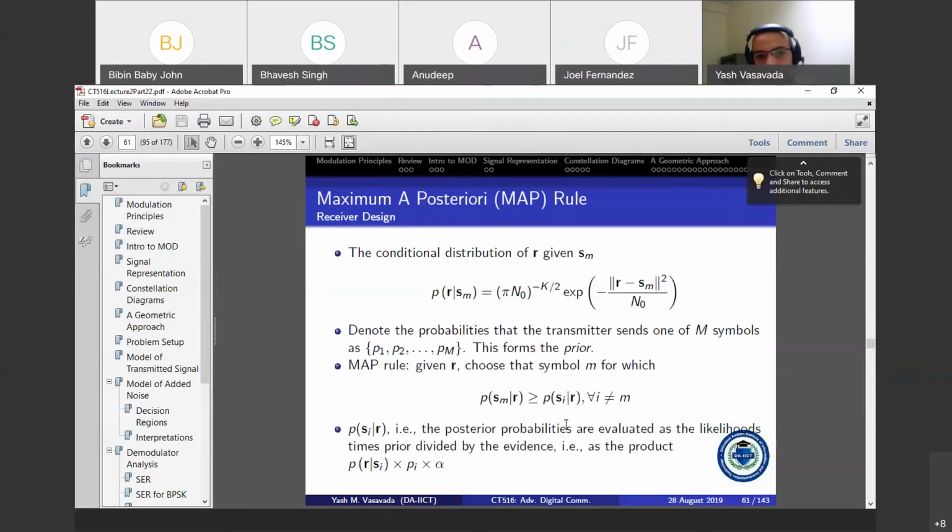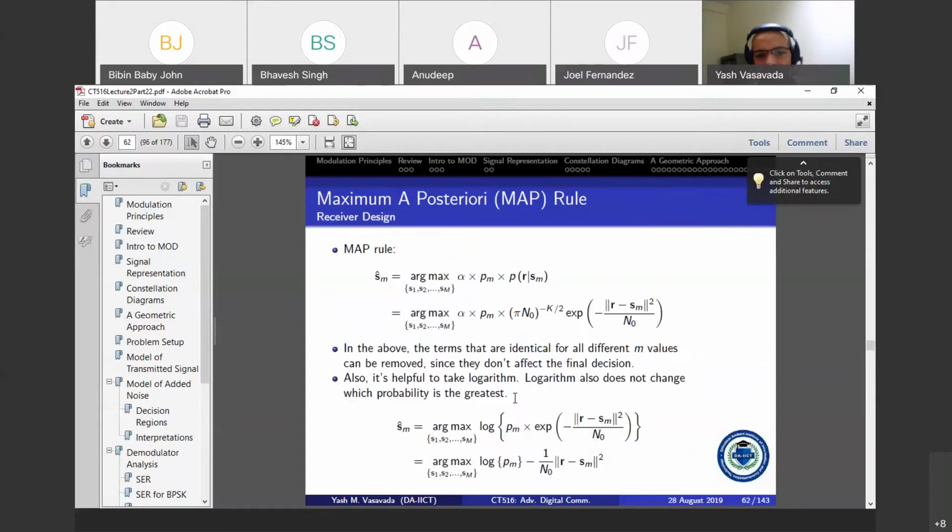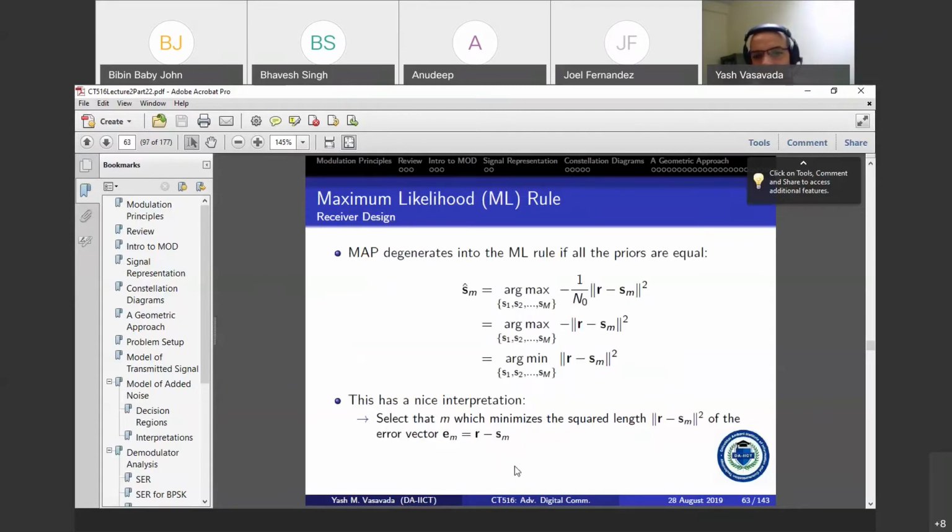And we said that we want to maximize the a posteriori probability, which is the probability of Sm given R. And we went over a specific mathematical procedure which gives us the MAP estimate of the transmitted symbol. It ends up having this particular formulation. And if all of these priors P of M are equal, then we get the maximum likelihood rule, which turns into this.